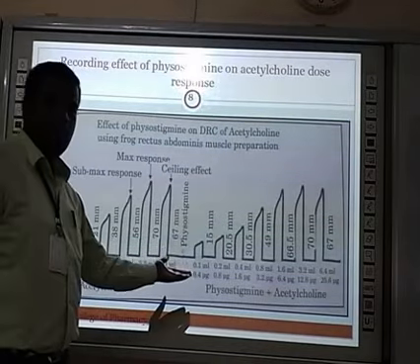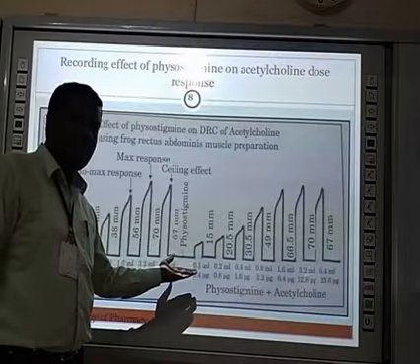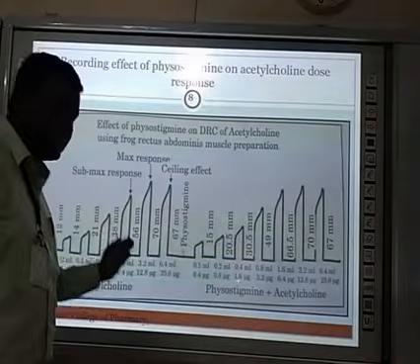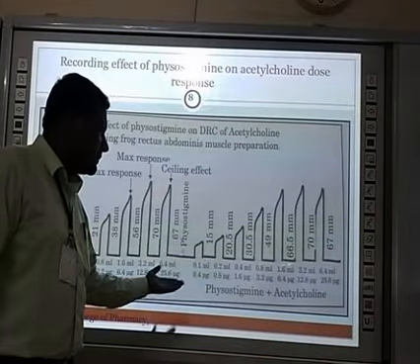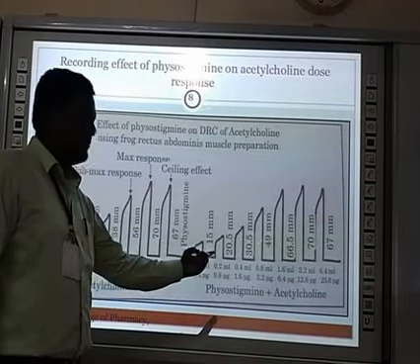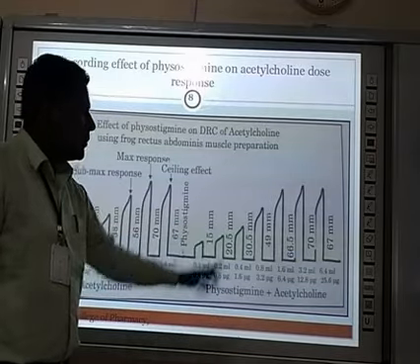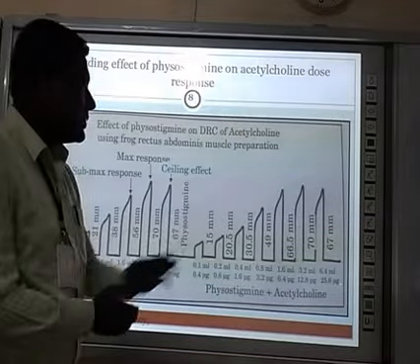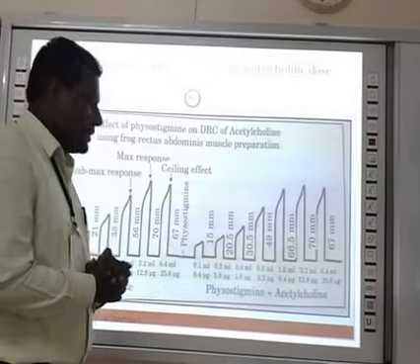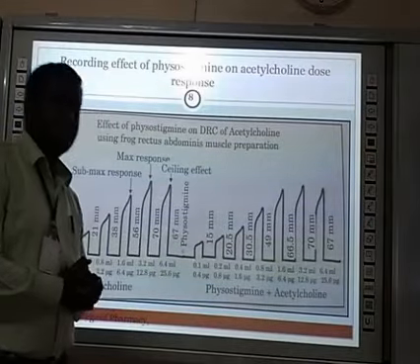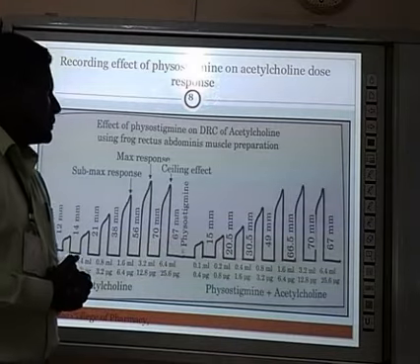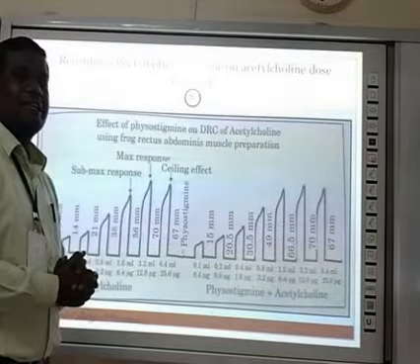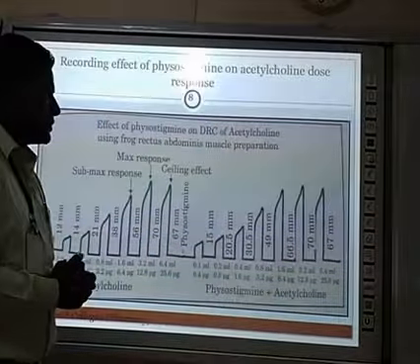Again we recorded the effect of acetylcholine with physostigmine at the same doses: 0.1 ml, 0.2, 0.4, 0.8, 1.6, 3.2 and 6.4. After recording these responses, we have to calculate and plot the graph of percent response versus log dose.